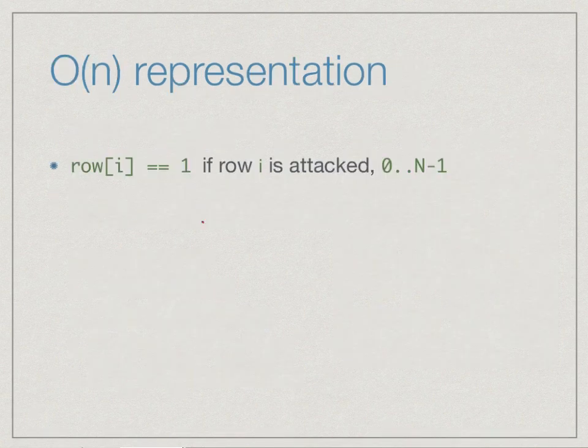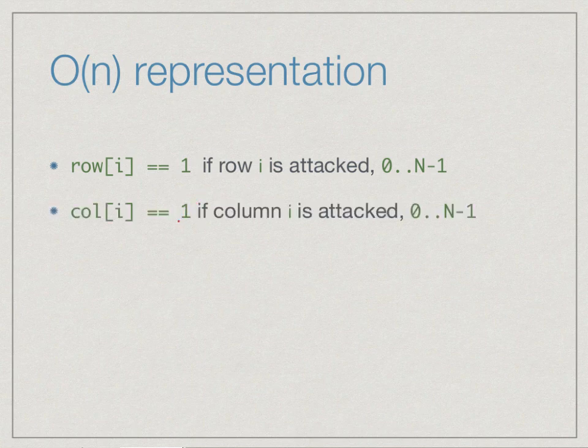So we can now come up with a representation which only keeps track of rows, columns and diagonals which are under attack, and from that we can deduce whether a square is under attack. We say row i is 1 if row i is under attack, where i ranges from 0 to n minus 1. Similarly, we have an array for columns, where column i is set to 1 provided column i is attacked, again for i between 0 and n minus 1.